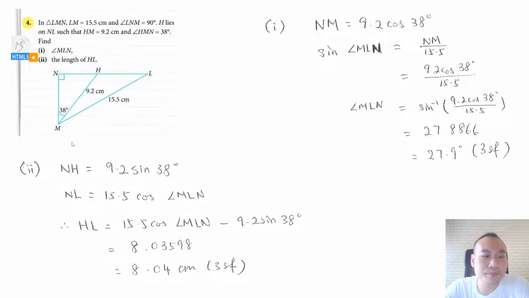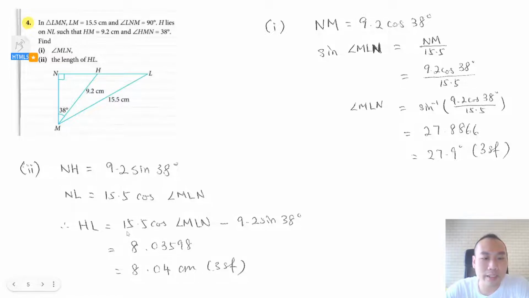So NH is 9.2 sine 38, again using the triangle NHM. So we have NH. NL is 15.5 cosine this angle, because this is the angle MLN, which we already have from part 1. So using cosine, we can find NL. Our HL is NL minus NH.